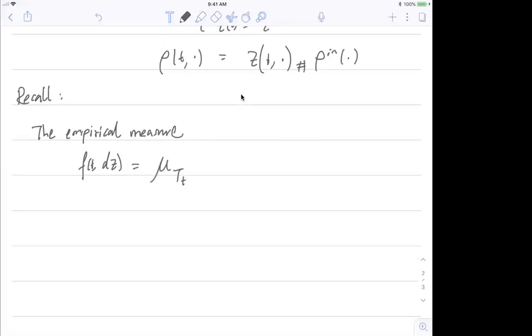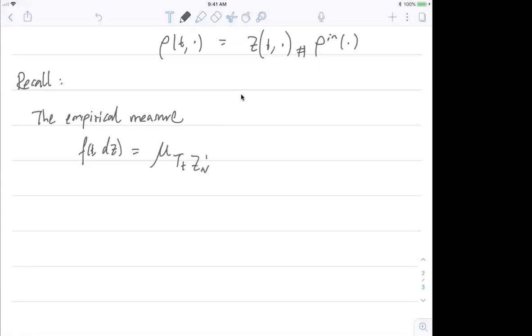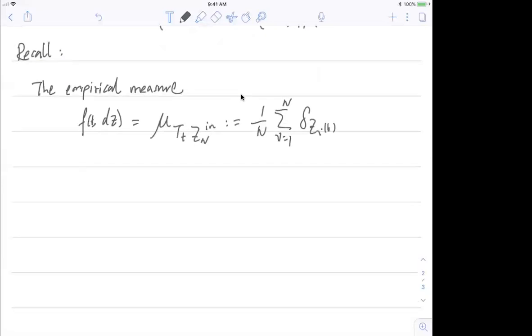This is the empirical measure at time t, where z^n initial is the initial data, z_i(t). So the empirical measure is a weak solution of the mean field dynamics, the mean field PDE.